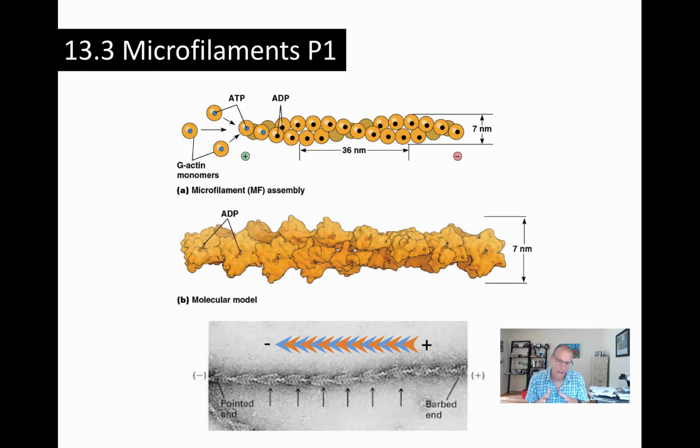When you look at the G-actin sequence, it's highly conserved within organisms and between species. There are some variations. You can basically divide the actin family up into muscle-specific actins called the alpha-actins, and then the non-muscle actins, beta and gamma actins.